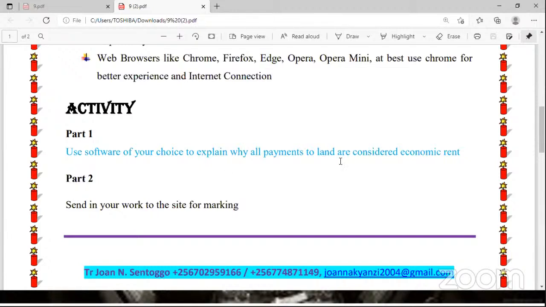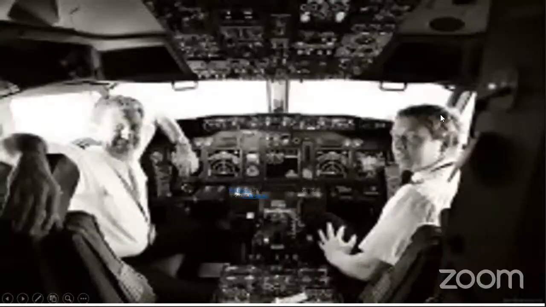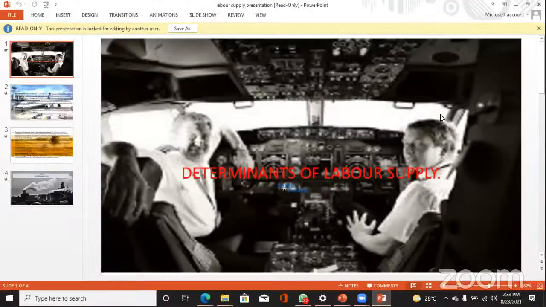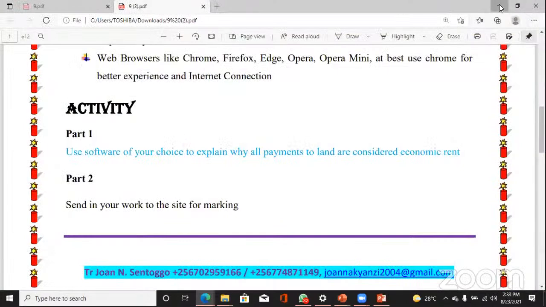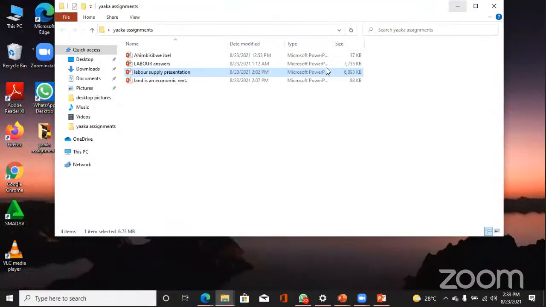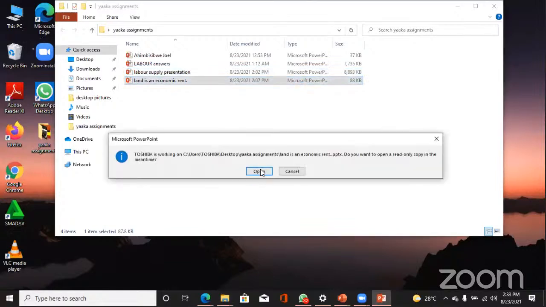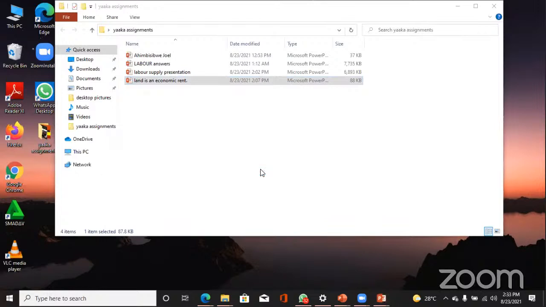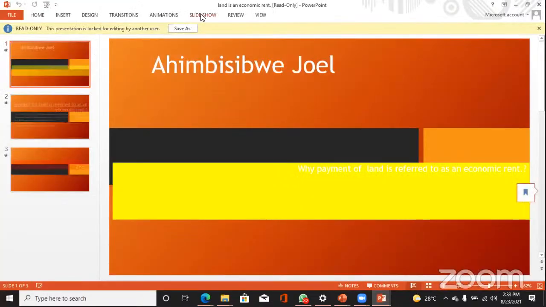Why all payments to land are considered as economic rent? So this is what I managed to research. Land as an economic rent.